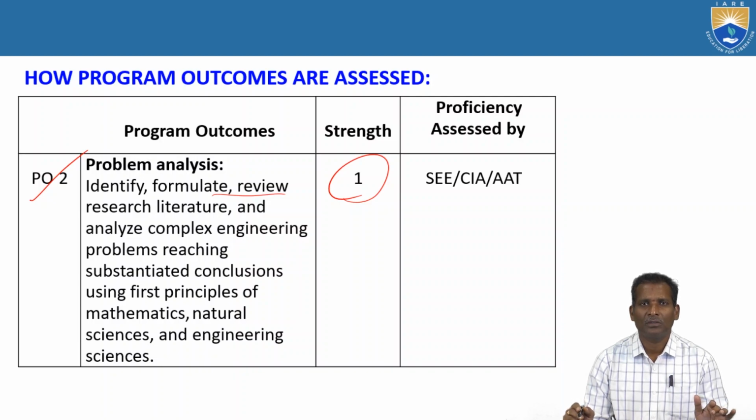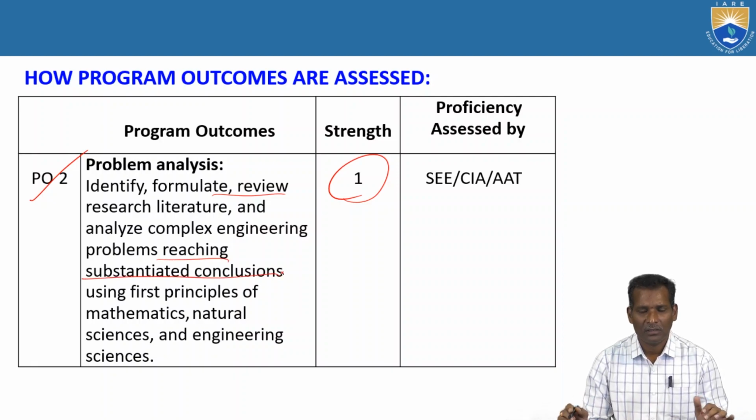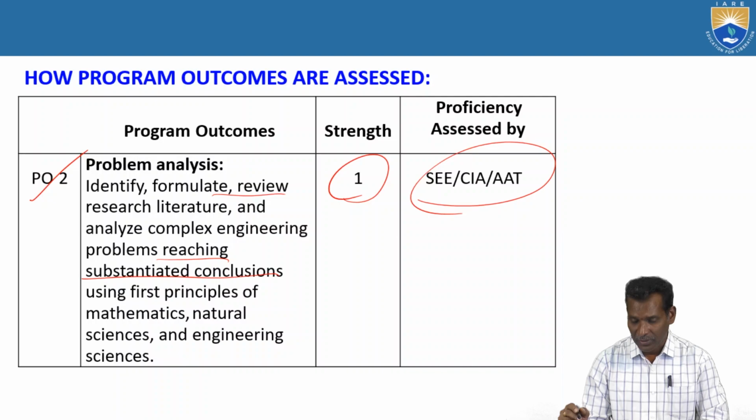In this subject there is no research-based analysis; we are not doing that here. Some topics use different theories to calculate the optimal solution. The assessment is the same: AAT, alternate assessment tools, and CAA and SEE.